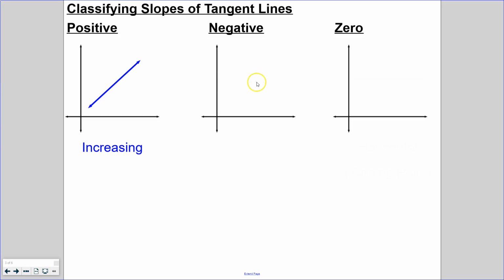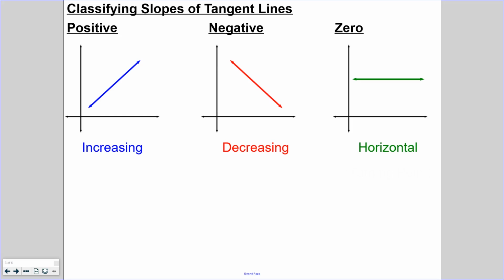Similarly, our negative tangent line is going to behave in this general direction, so it's going down. Therefore, this tangent line, or the point it goes through, could be classified as having a decreasing slope. And then finally, a slope of 0 is when we have a horizontal line.